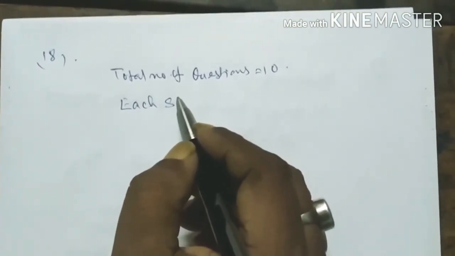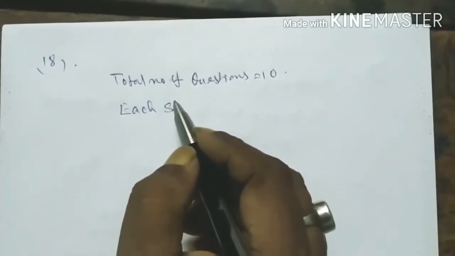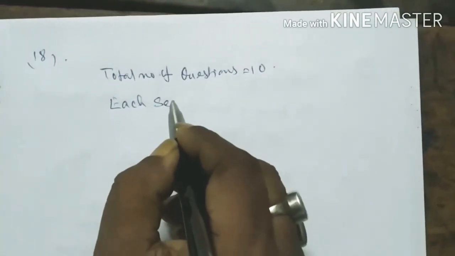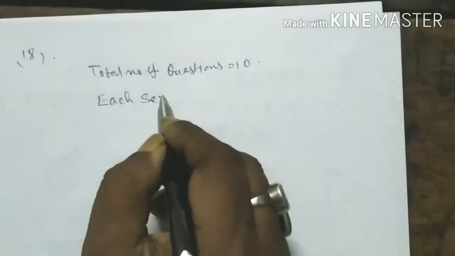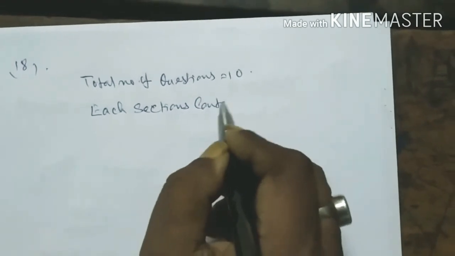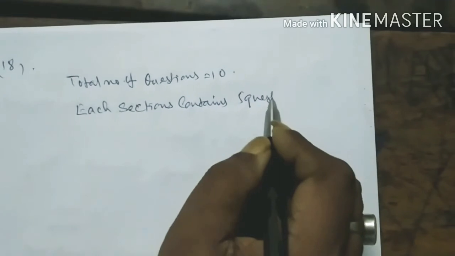There is a printing mistake here. It must be each section, not selection. There are 2 sections, and each section contains 5 questions.